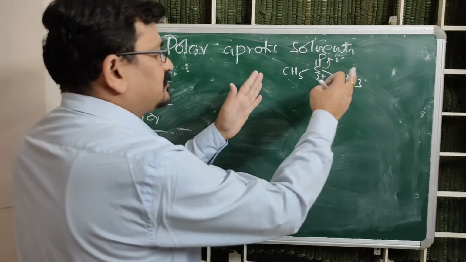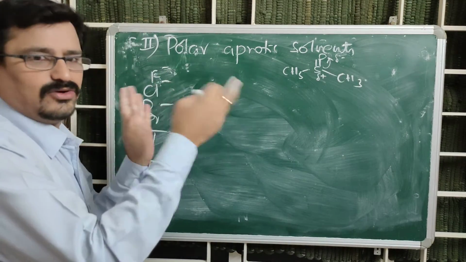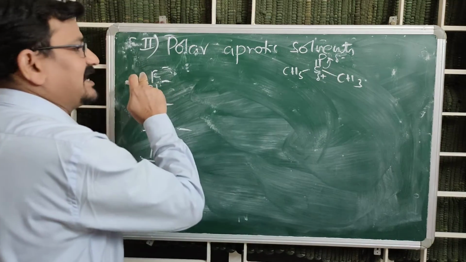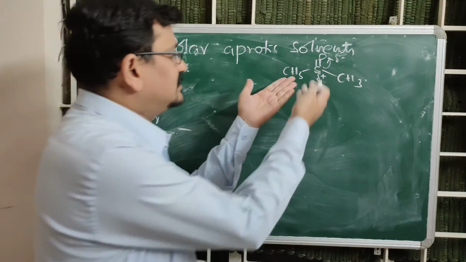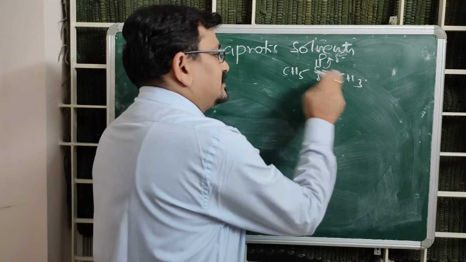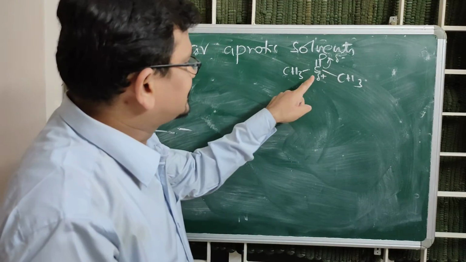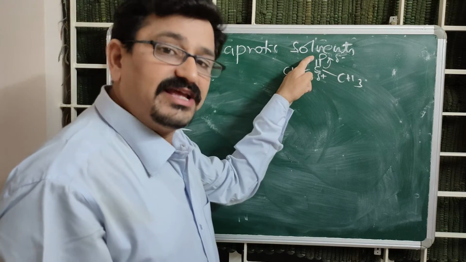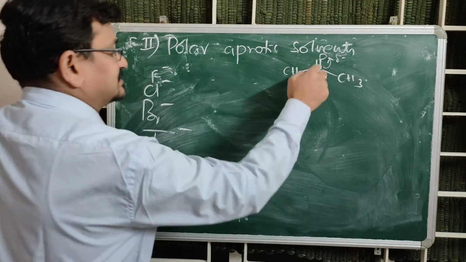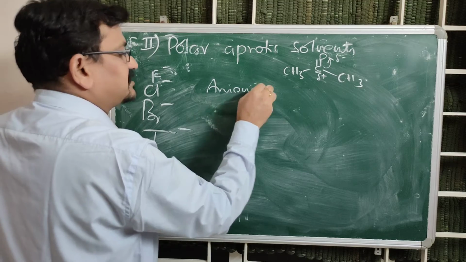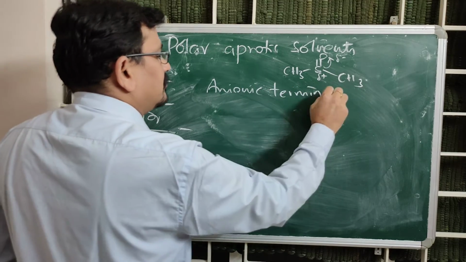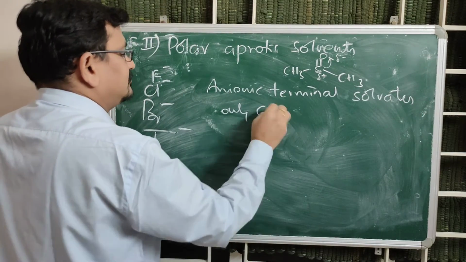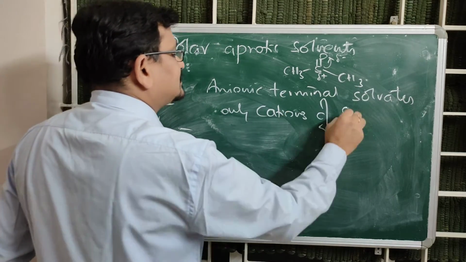Usually, this solvent molecule surrounds both cation and anion. But the positive terminal cannot surround the anion properly. Why? Because this positive terminal itself is surrounded by bulky groups, so it cannot solvate successfully. But the negative terminal is set free. Because of this, the anionic terminal solvates only the cations of the salt.